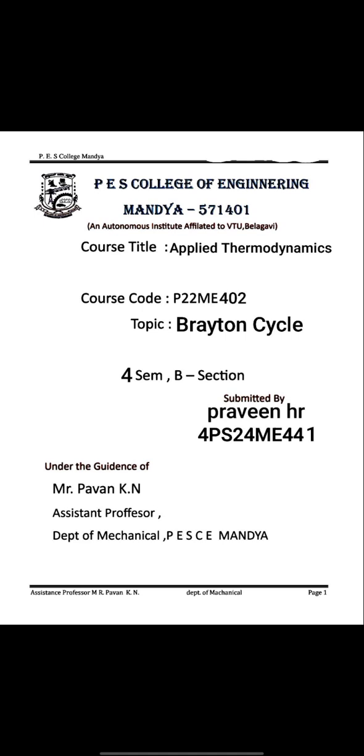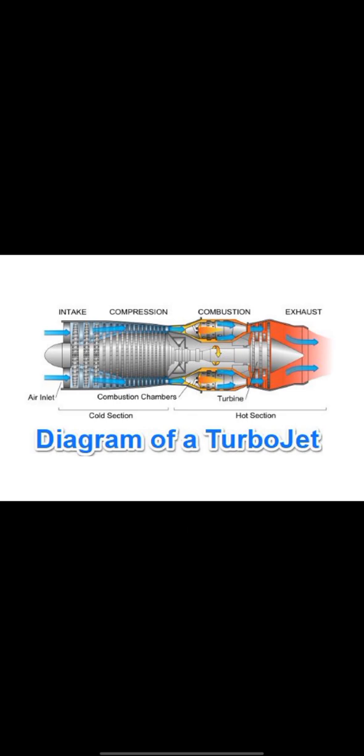Let us discuss the Brayton cycle and its efficiency, and overall how we can improve that efficiency through reheating, regenerating, or intercooling. Let us move on to the diagram of a turbojet.